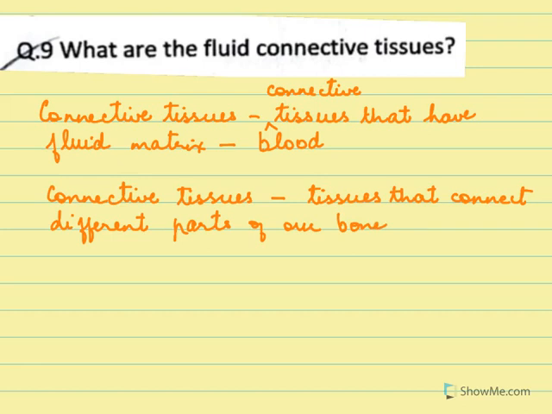Out of those connective tissues, some have a solid matrix, that's bone. Some have a liquid matrix, that's called a fluid connective tissue. Blood, and lymph is another example of fluid connective tissue.